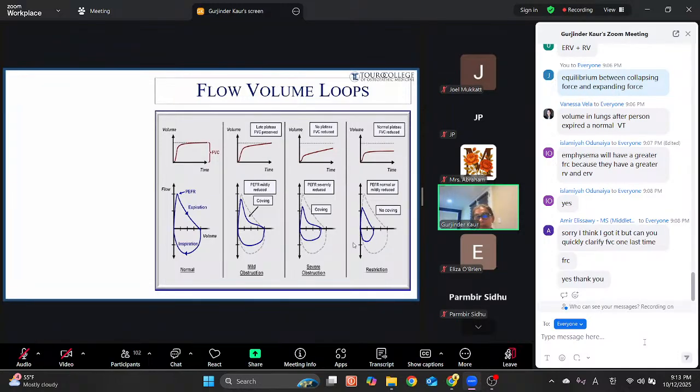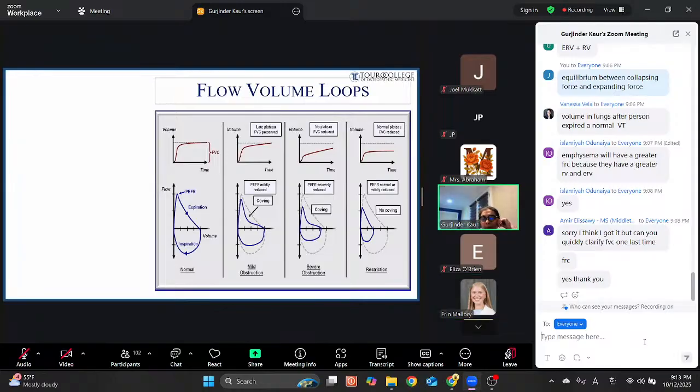But if you look at the restrictive disease, see, the loops look very similar to normal. It's just that they are very small. Does that make sense, Erin? Yeah, so just to clarify, we know for an obstructive disease, we'd have more issues exhaling, so that's why you see the coving.